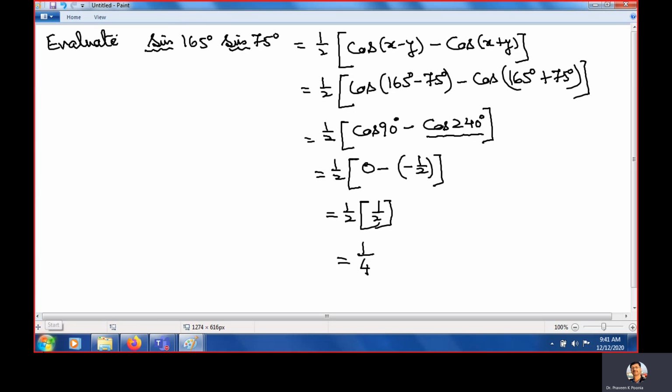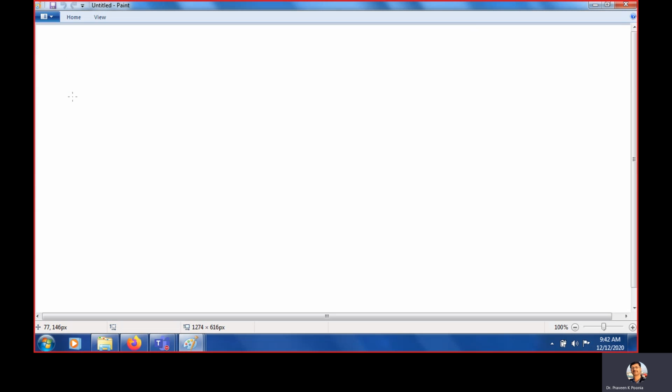Clear? We can take one more example here, and let us take a mixture. Example: find the value of sine 105 degree and cos 15 degree. This is a mixture of sine and cosine.